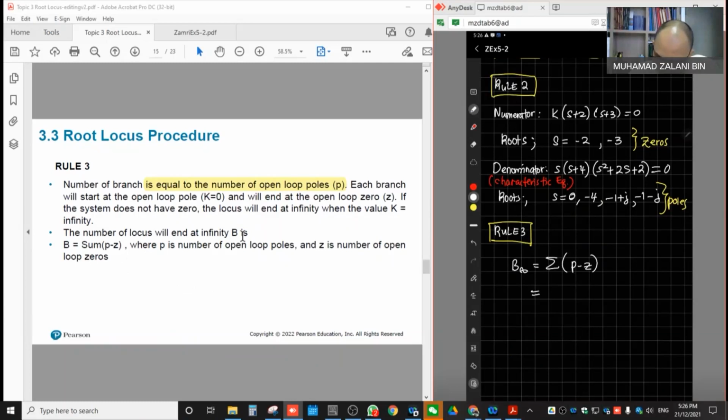We have 4 poles minus 2 zeros, and we know that 2 locus will end at infinity. Meaning we start from the 2 complex root poles here, and they will end at infinity. That is what we remark based on rule number 3.